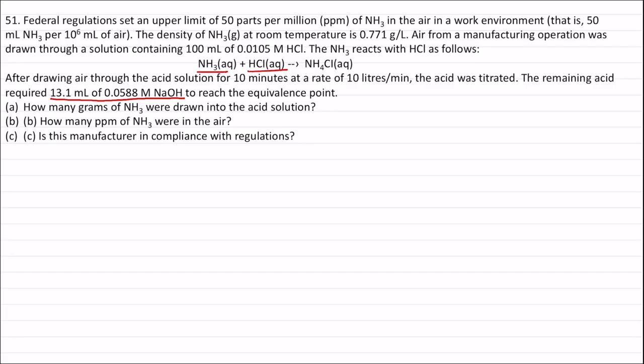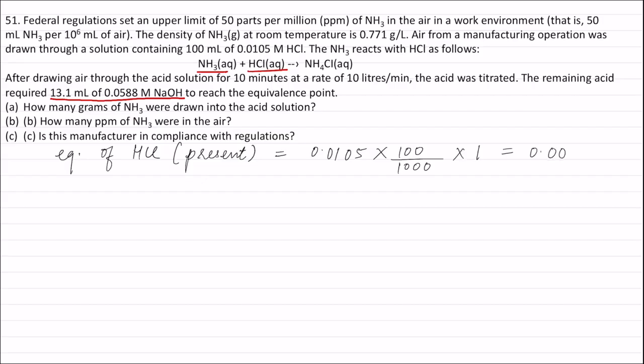is 100 liters. Now solving this question, first equivalents of HCl present is equal to molarity of HCl, that is 0.0105 M, into volume of HCl in liters, that is 100 by 1000 liters, into valency factor of HCl, that is 1, and this is equal to 0.00105 equivalents.